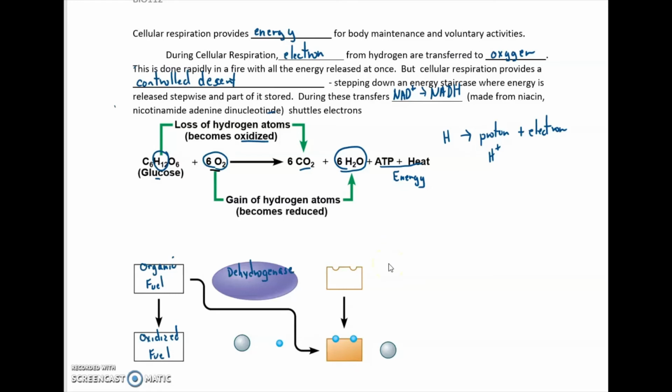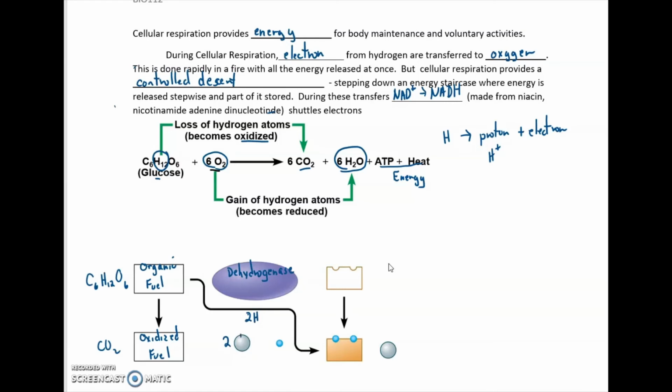So below we have a generalized diagram of the same reaction that is above. We start with an organic fuel like glucose with its 12 hydrogens. It's oxidized to carbon dioxide with no hydrogens. So where do the hydrogens go? Well, we've got several hydrogens. Here we have two. We're just going to do two of them.